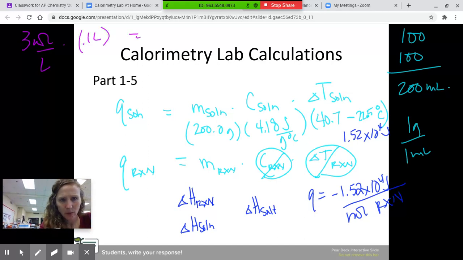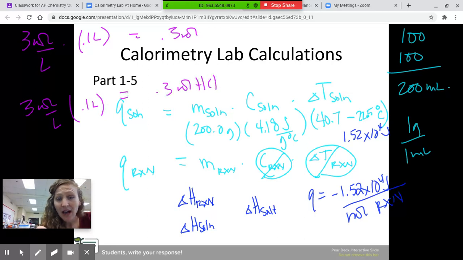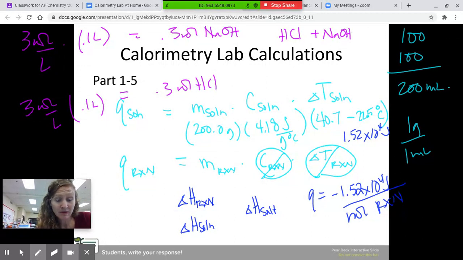So it's 0.3 moles of sodium hydroxide. And it's the same for hydrochloric acid, because hydrochloric acid was also 3 molar, 0.1 liters, 0.3 moles. Okay, so how many times can this reaction happen if it's a 1-to-1 relationship? It can happen 0.3 moles of times, right?